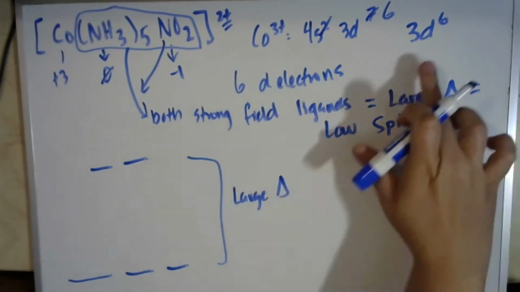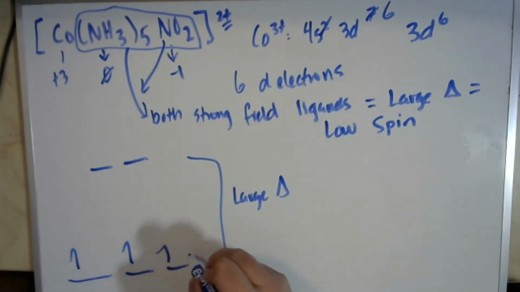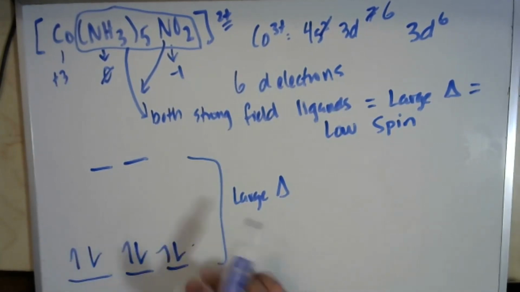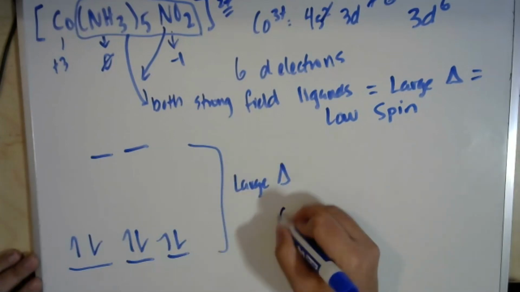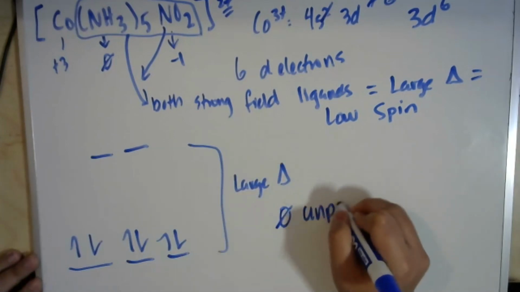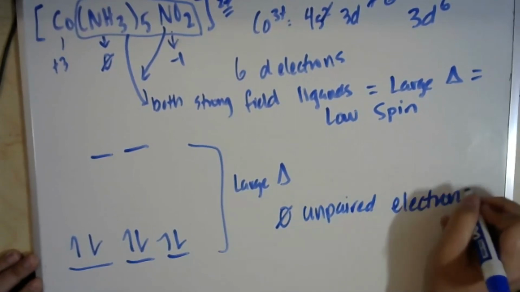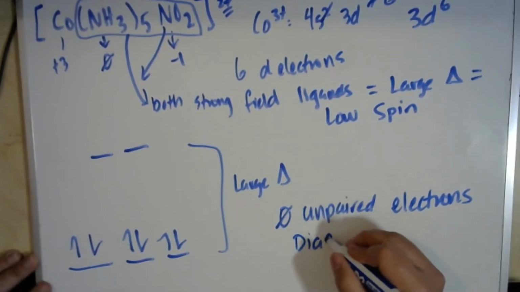Okay, we have 6 electrons here. So they're going to go 1, 2, 3, and then that 4th electron is going to look up there and go, nope. Let's go back to the beginning. 4, 5, 6. Okay, this is a case where we finally see a diamagnetic species here. We have 0 unpaired electrons, and our ion is diamagnetic.